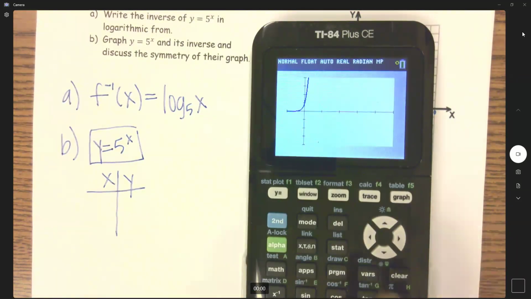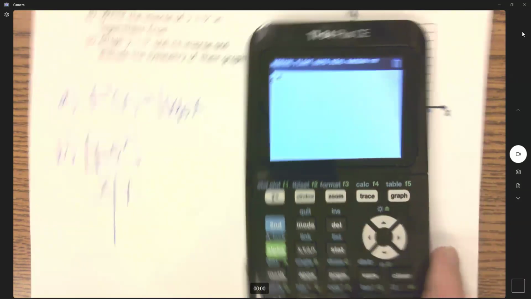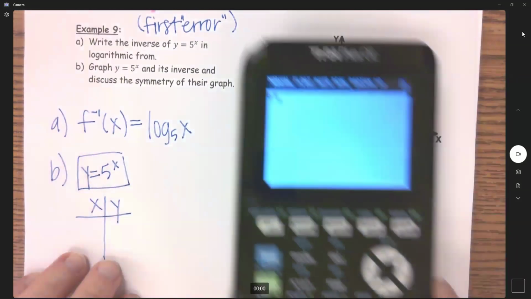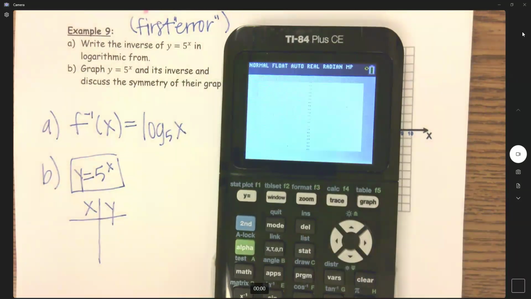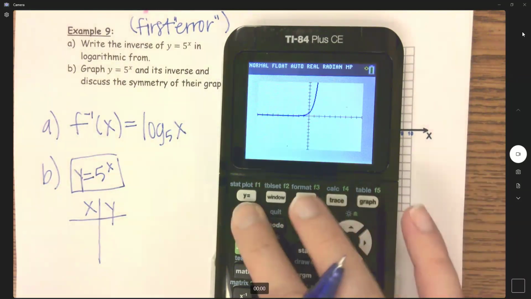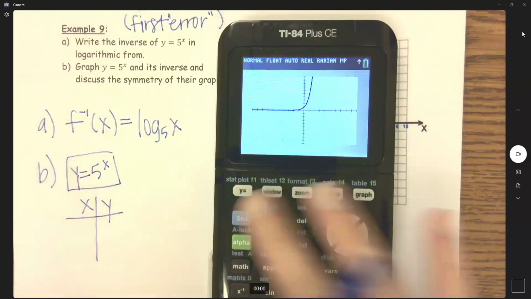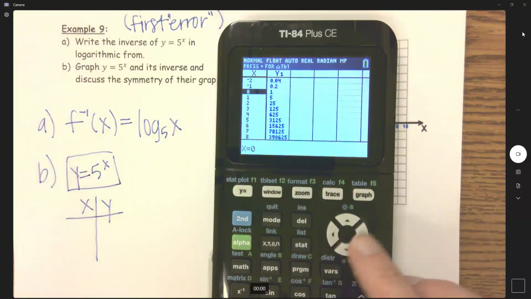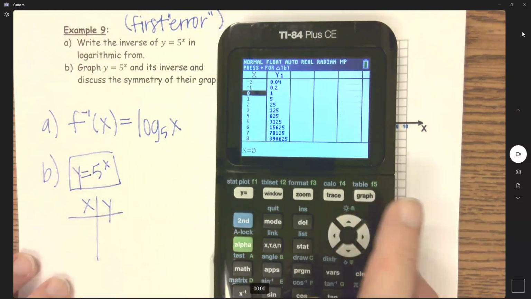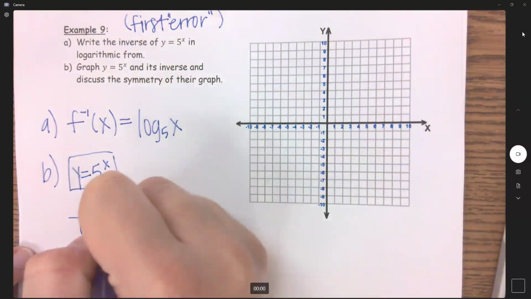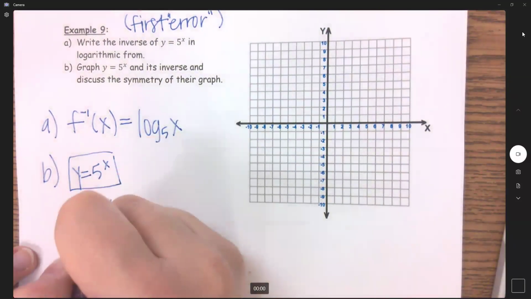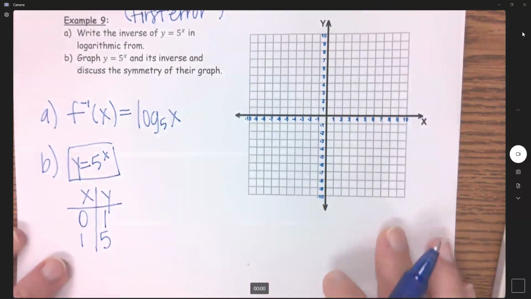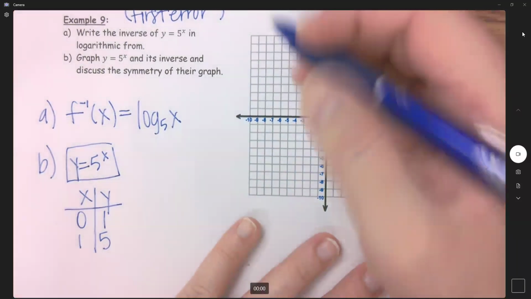Now this graph is actually fine, but I'm going to go to a zoom 6, since that's a standard. So here is my graph. If I go to my table, what values here can we fit? Those are all fractions. I can do 0, 1, 1, 5, and then 25 is nowhere close to my graph. So only these 2 points: 0, 1, and 1, 5. I'm going to go ahead and plot those.